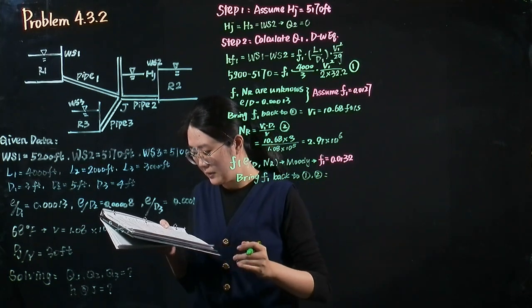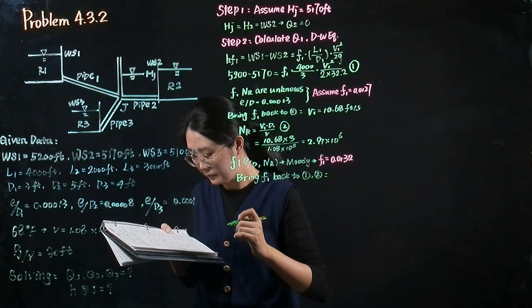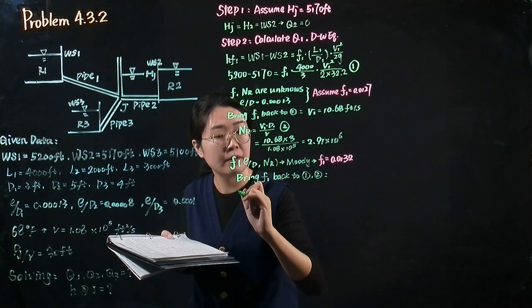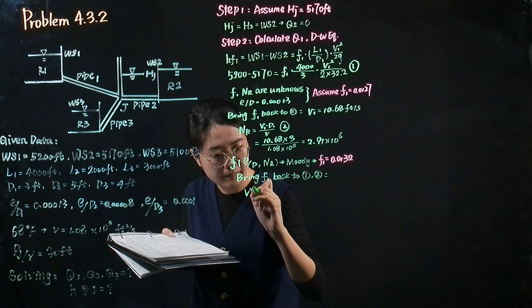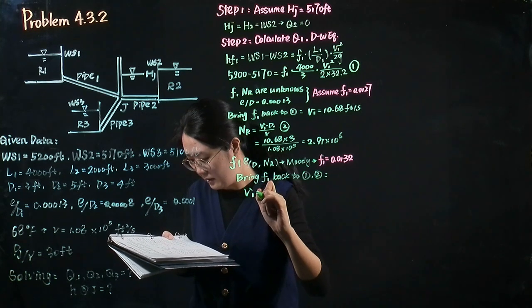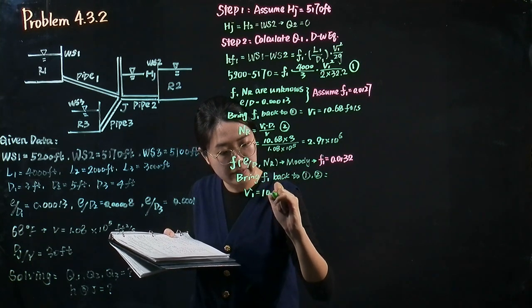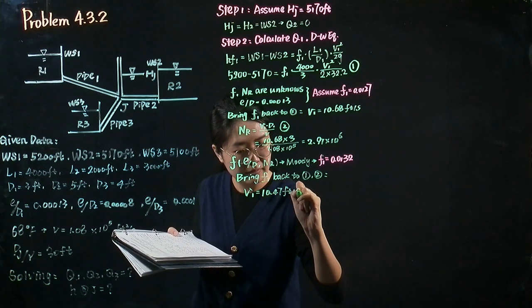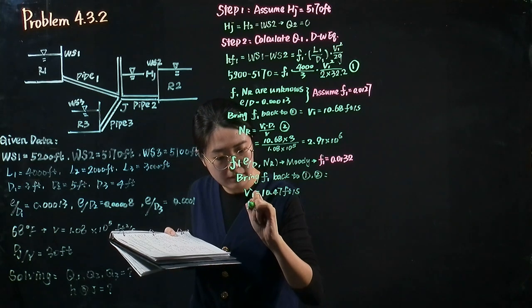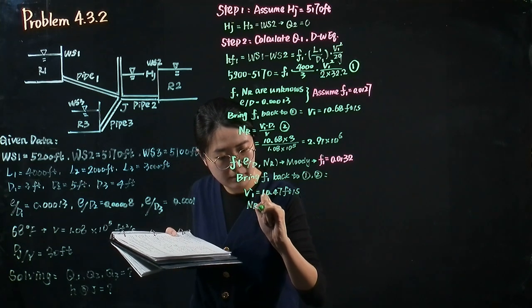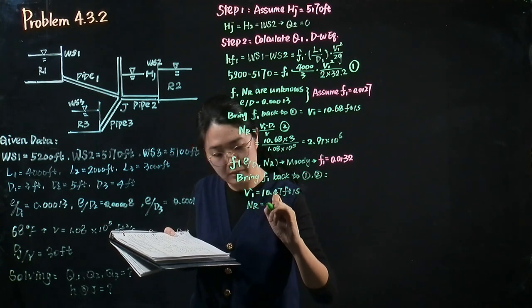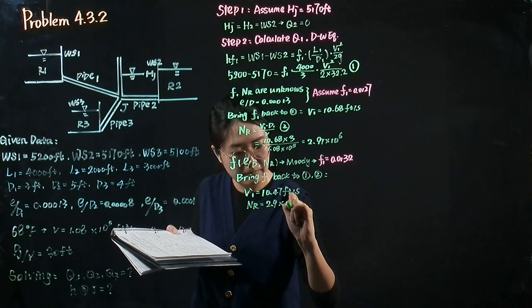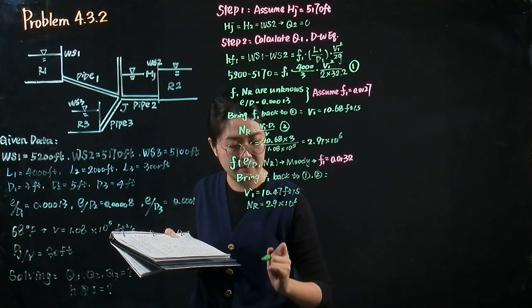We can get the new velocity, it equals 10.47 feet per second. The Reynolds number equals 2.9 times 10 to the power of 6.